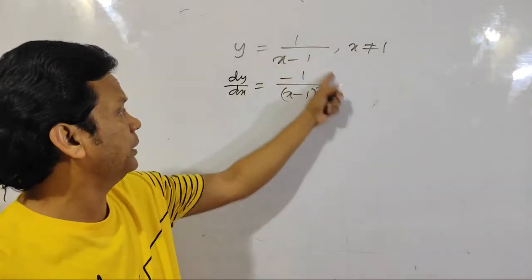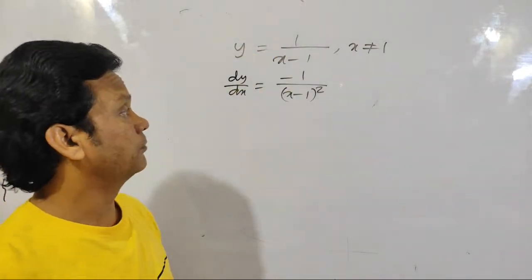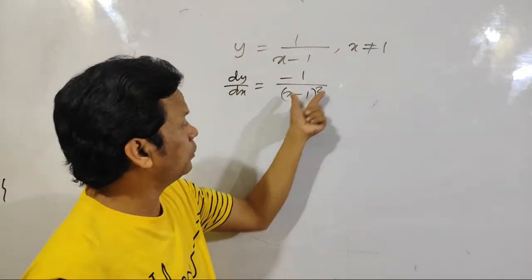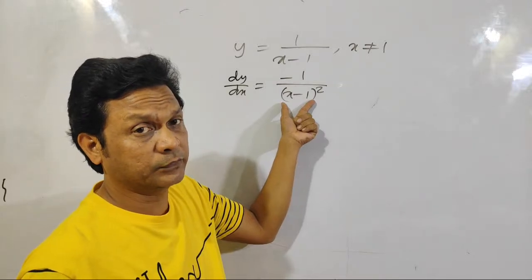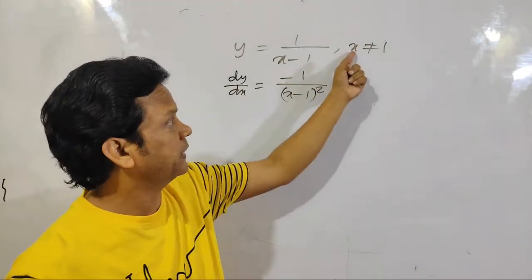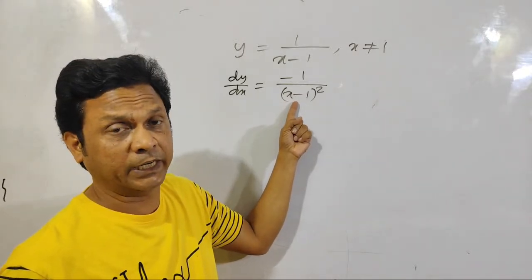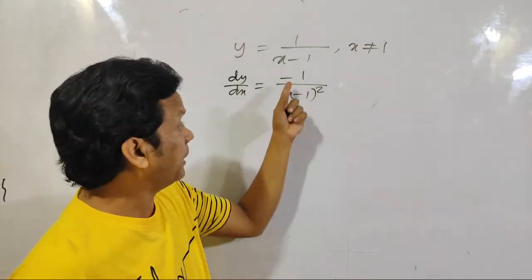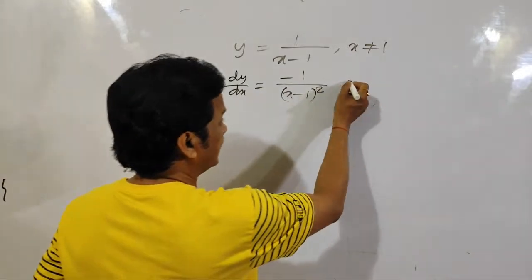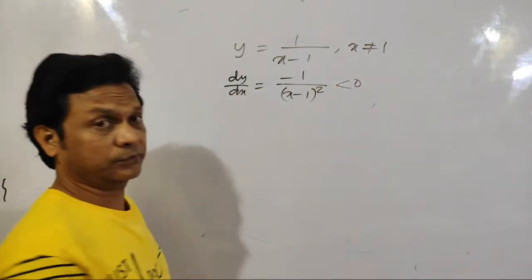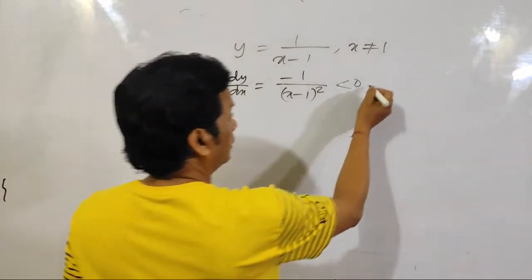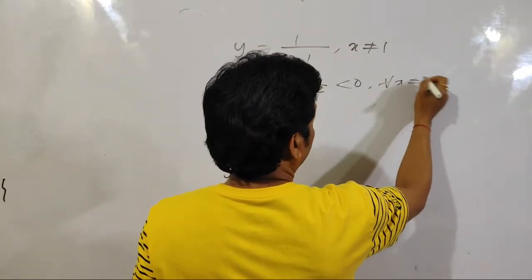So this is the derivative of y. And here x minus 1 whole square is non-negative. And also it cannot be 0 because x is unequal to 1. So this quantity cannot be 0 and cannot be negative because square is there. But minus 1 is negative. So it is always less than 0. Clear? For all x unequal to 1.